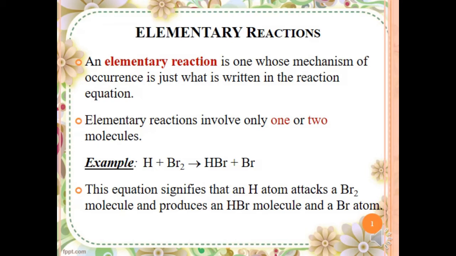You have step 1, what is the reaction occurring in step 1, what is the reaction occurring in step 2, and then you deduce the overall reaction based on the step 1, step 2 and so on. Each of that steps is categorized as elementary reaction, and when you write the rate equation for that elementary reaction, it is based on the stoichiometric of the reaction itself.